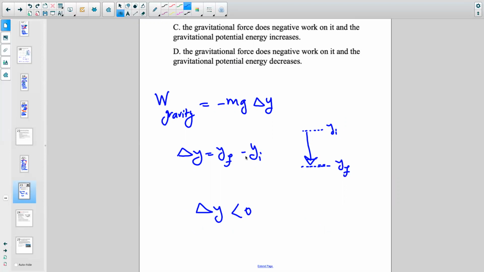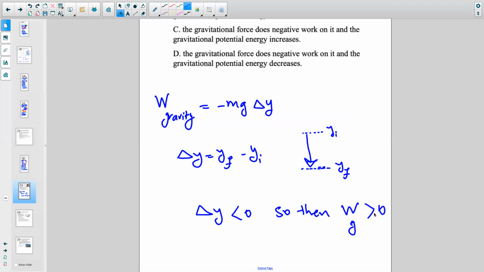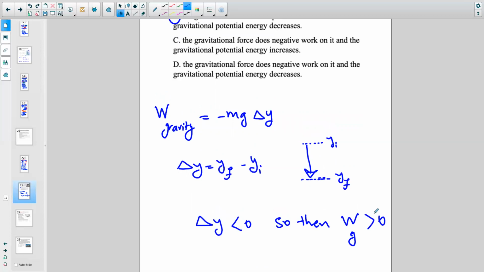Because of the negative sign in front, the work is positive. So the work by gravity is positive.